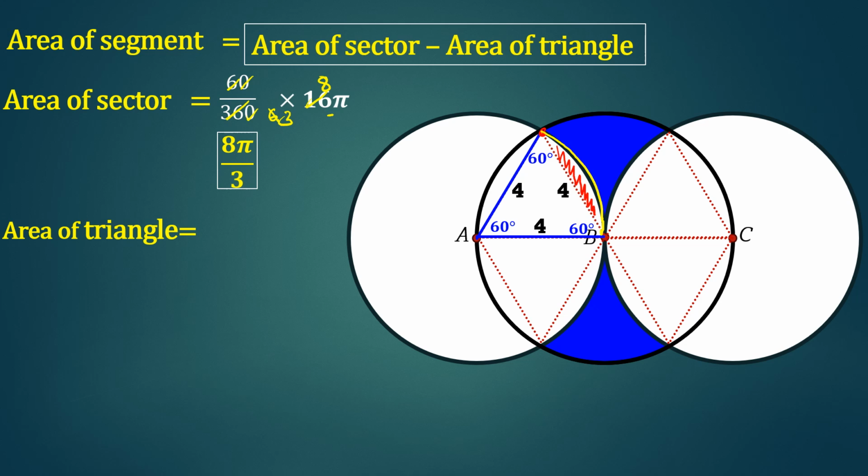Next, for the area of a triangle, there are various ways to calculate it, and here are some ways. So you could use half AB times sin of an angle, or you could use half base times height. If you choose to use half AB times sin of an angle, let's use this other triangle.